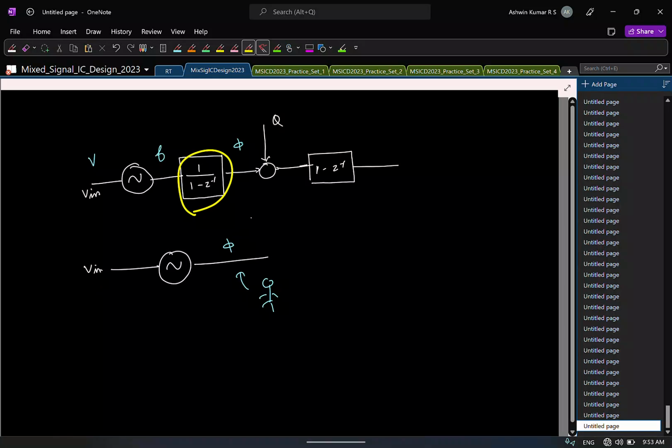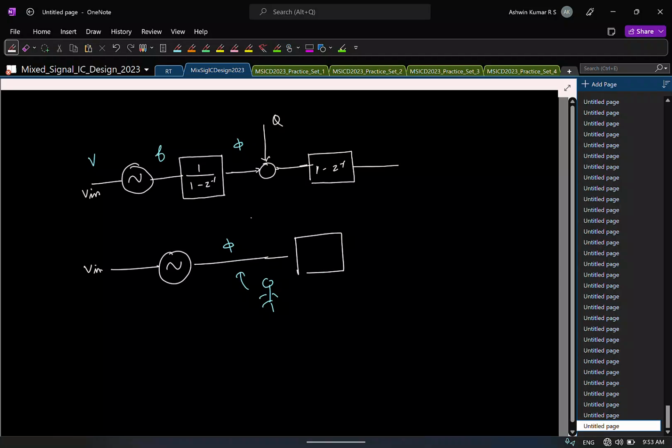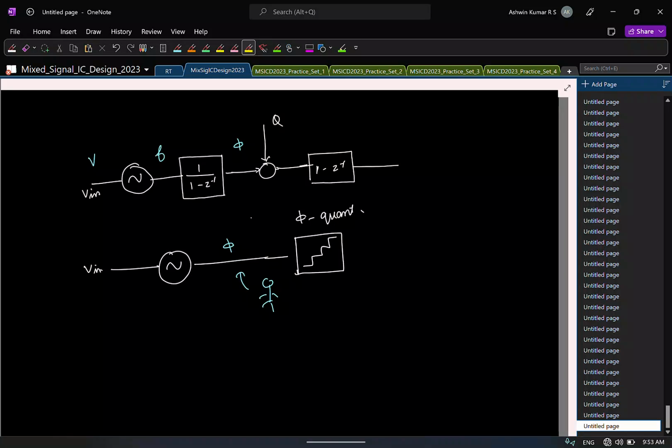So if I observe this signal's phase here, remember I will have the quantizer. So this no longer is a voltage quantizer. What quantizer is this? The phase quantizer. We should quantize the phase. That's the difference. The definition is this, right?